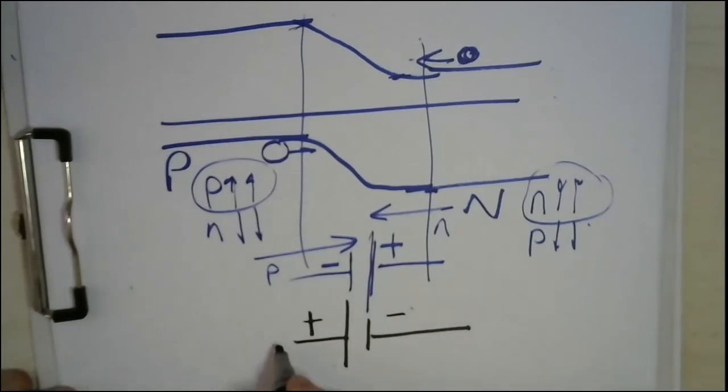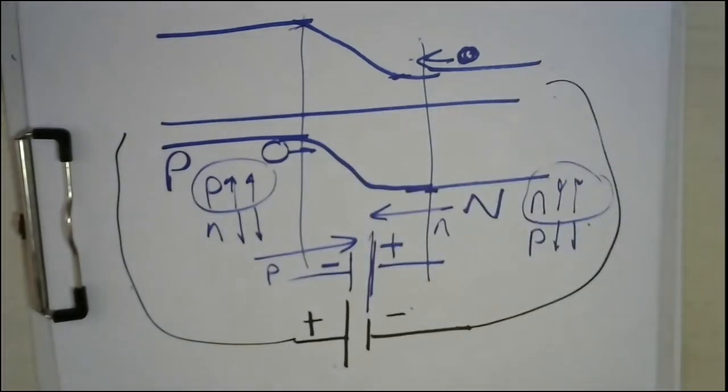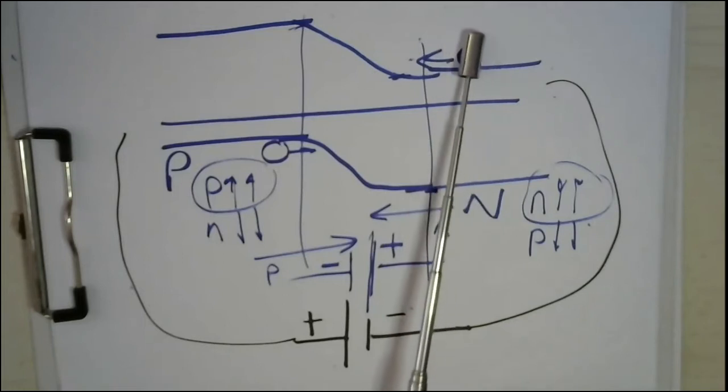Now, if you connect this potential like this, what will happen? Let's make it in a very conceptual manner. Here, this is the positive terminal. This is positive. Electron is negative.